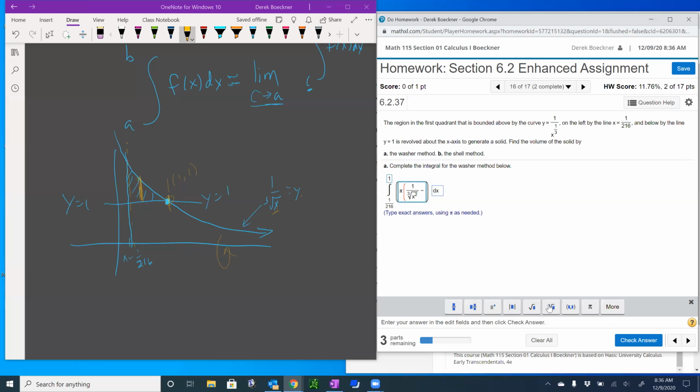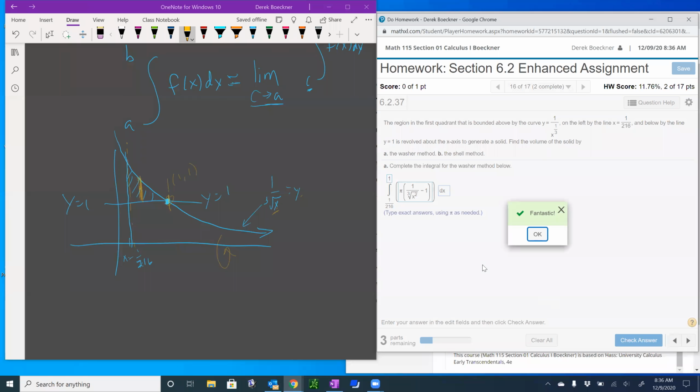And I'm going to take away the inside radius. The inside radius is 1 squared, so I get that. Does this make sense? Yep. Okay.